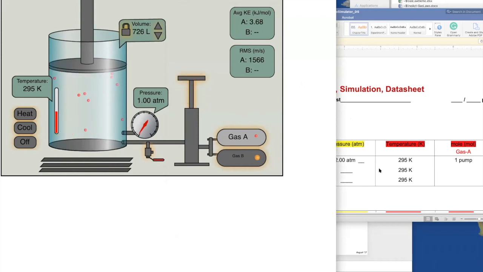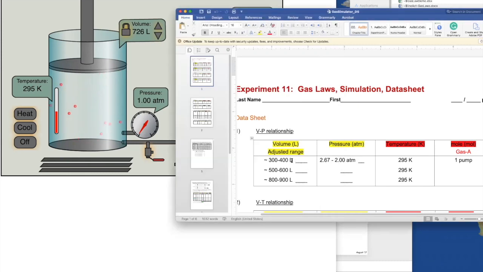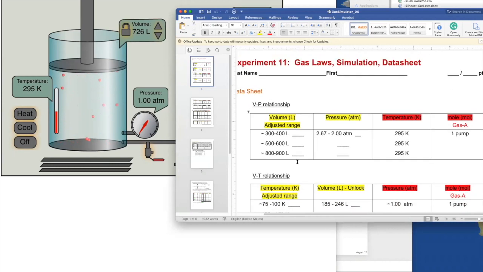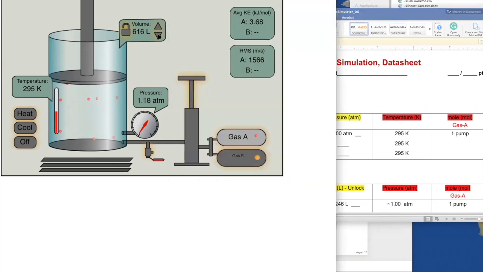Now, for this particular case, what happens to the pressure and the volume? I want to change the volume between 300 and 400, so this is it right here.